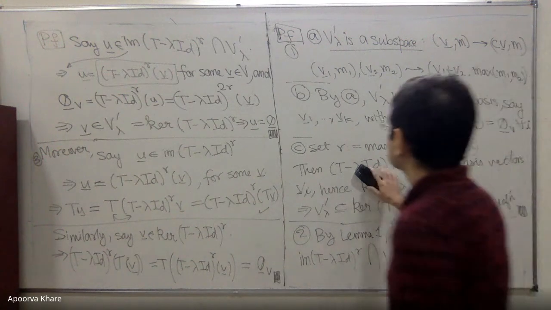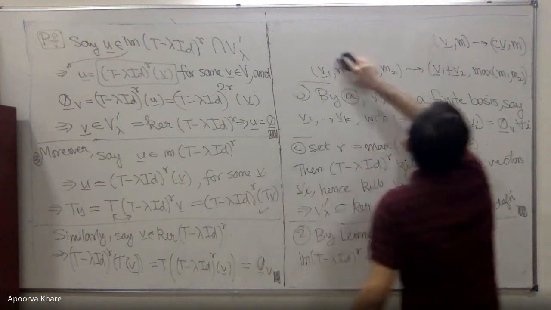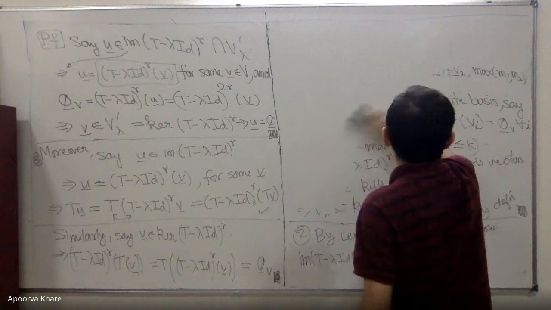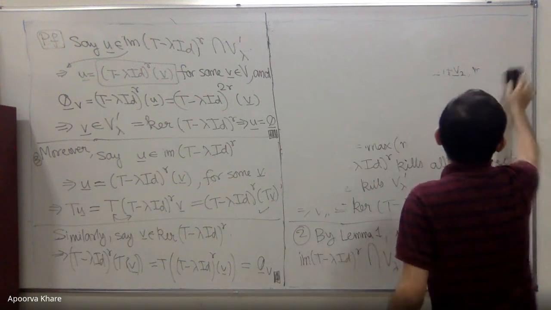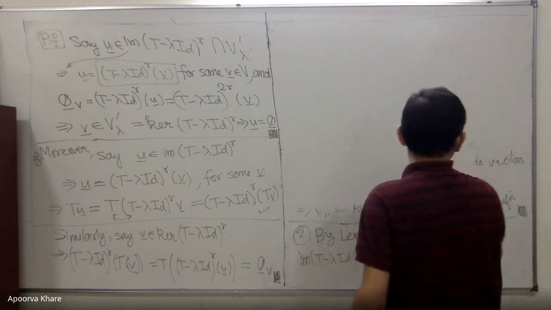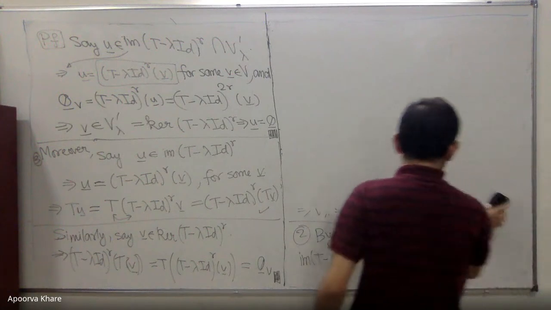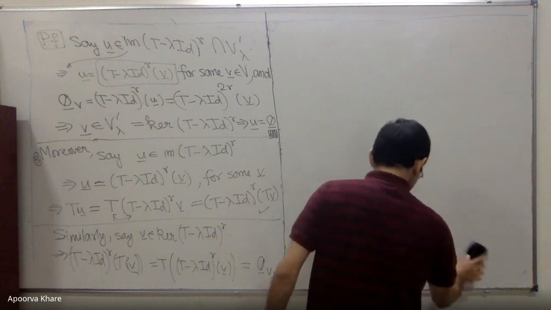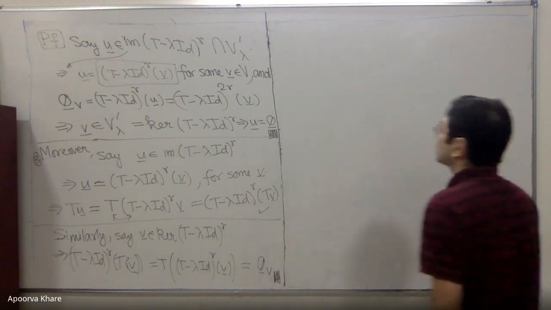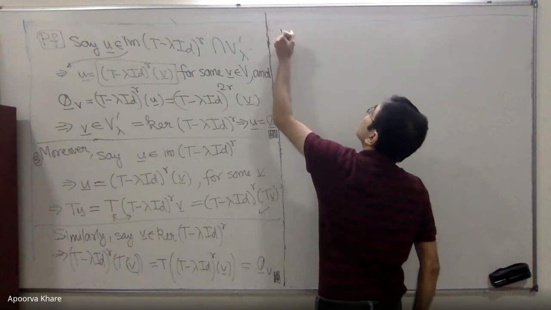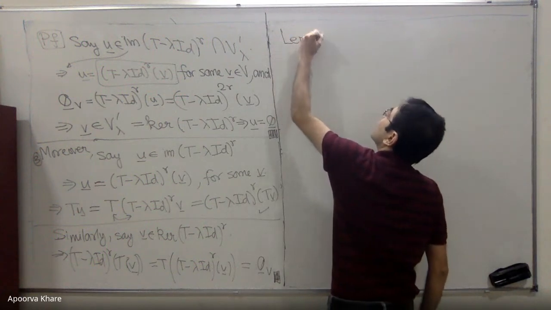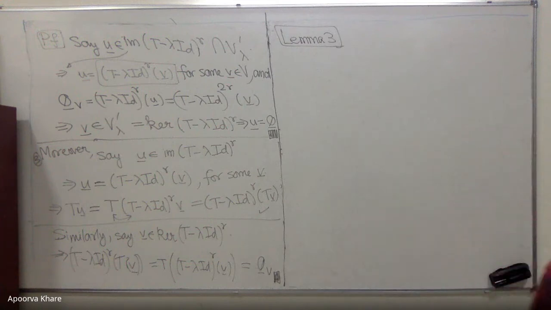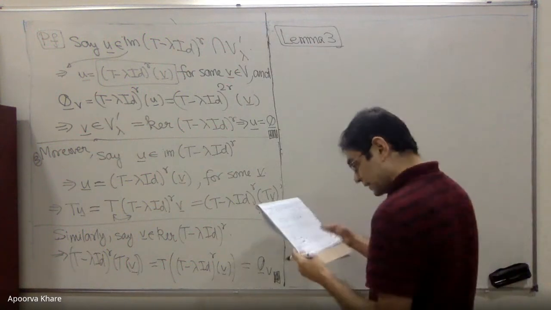Now let me write down lemma 3, prove it, and we can stop. Well, maybe I'll define the important transformations or something, but let's see. Okay, so lemma 3. What is lemma 3? Again, the same thing. This time I assume a little more.